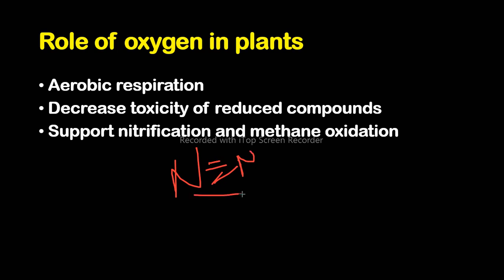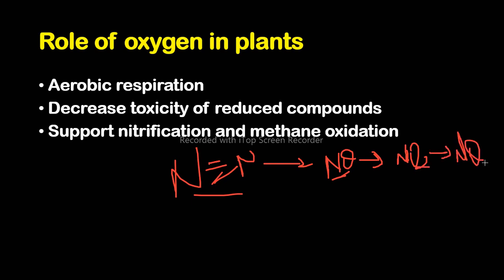So you break this, then you form nitrous oxide, and then the nitrous oxide is converted to nitrites, and then the nitrites are converted to nitrates, and then you, the plant, absorb these nitrates.